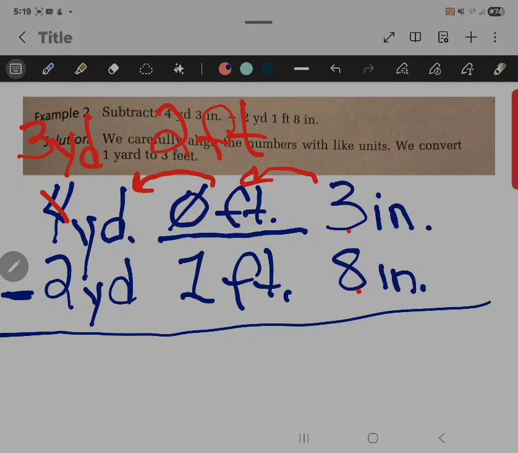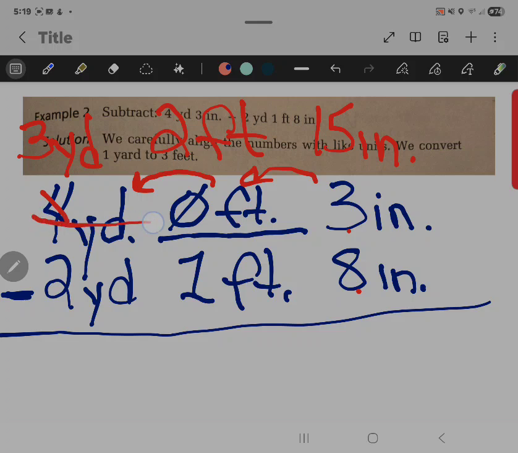How many inches is 1 foot? It's 12 inches. So 12 plus 3 is 15 inches. So what we did is we converted 4 yards, 0 feet, and 3 inches to 3 yards, 2 feet, and 15 inches.